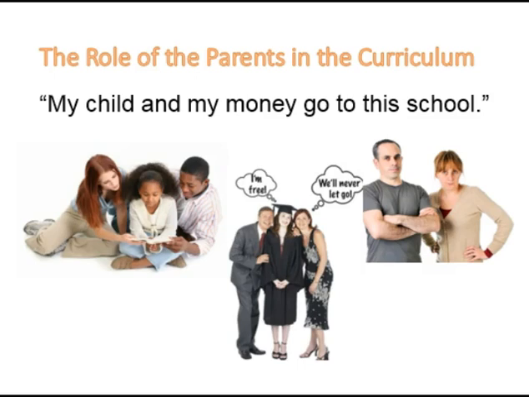So we also need to consider parents, and the kind of parents that you have in the schools, right? So you have this group of parents here, right? who are just kind of working with their child, right? You've got the overprotective parents, right, who are going to hover and protect their child forever.